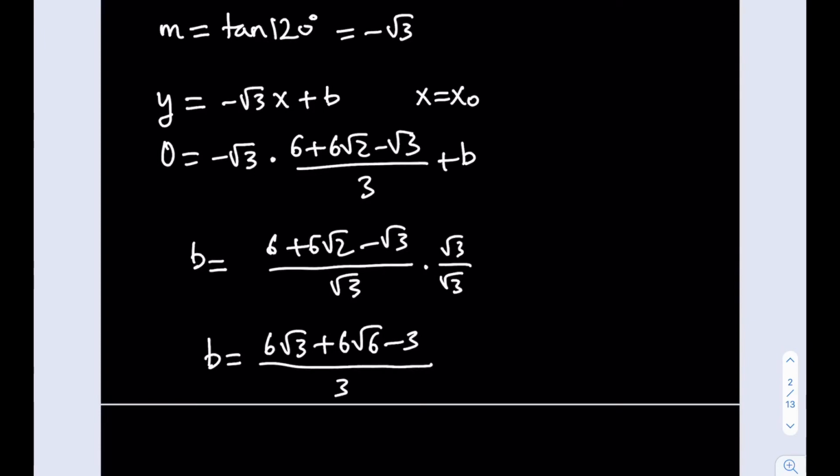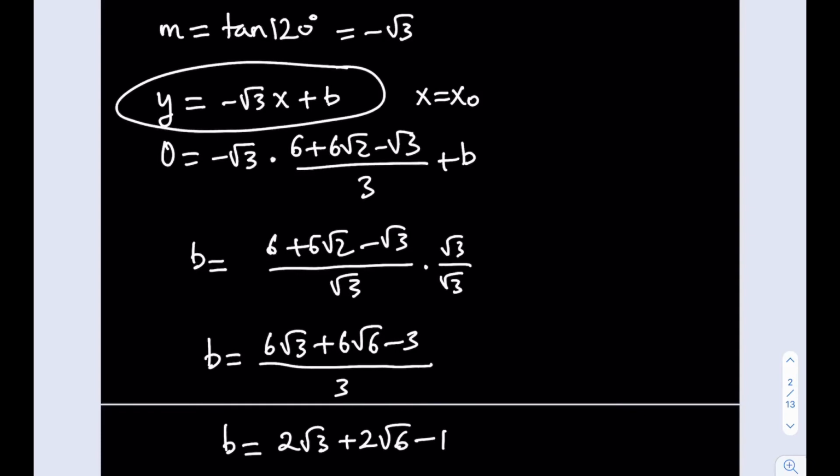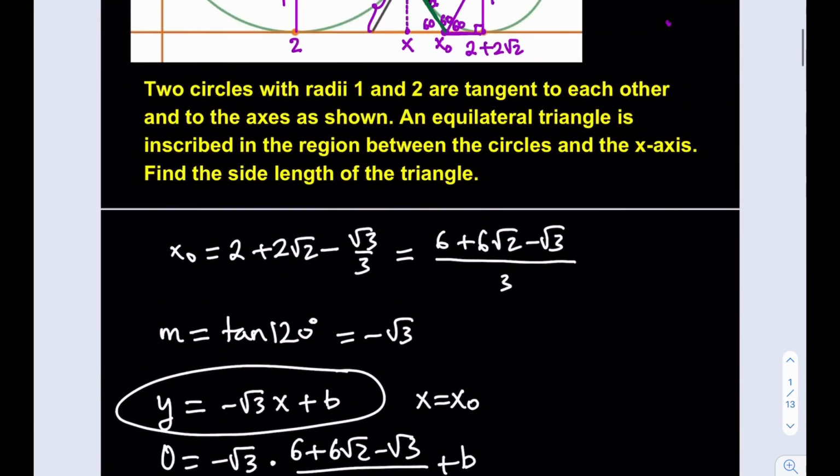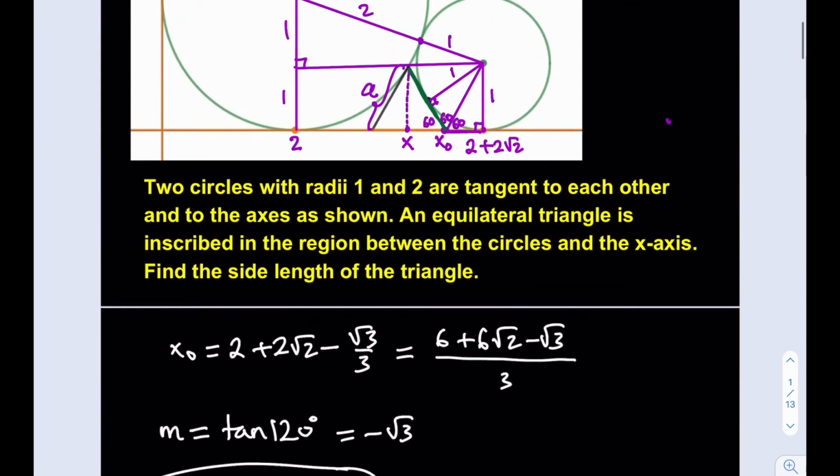And then you can simplify this, and b is going to equal 2 root 3 plus 2 root 6 minus 1. Now, this was our equation, right? So we're going to go ahead and plug that in. And the equation for the line is going to be negative root 3x plus 2 root 3 plus 2 root 6 minus 1.